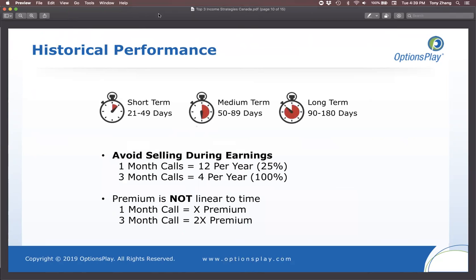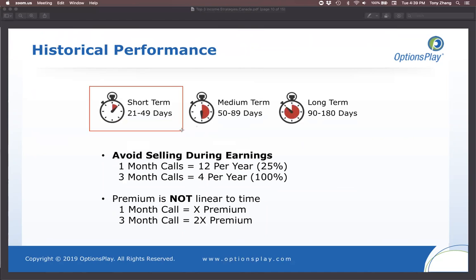One of the reasons that we generally lean towards the shorter end of the spectrum is that when we sell short dated options, we want to avoid selling any options during earnings. Now, when we sell 1 month calls, we can do that 12 times a year, which means that 25% of the calls that we sell have this earnings factor built into them.